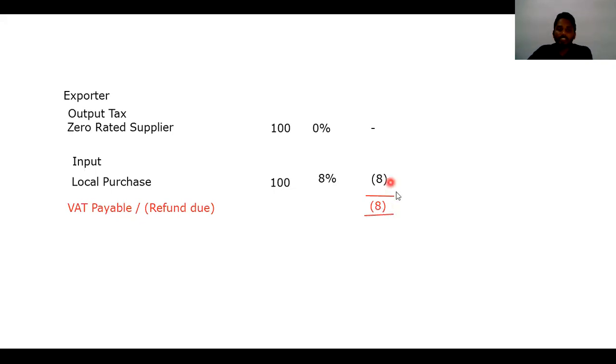How does the SVAT system work to avoid the refund situation? This is before the SVAT system. Soon after they introduced SVAT, exporters purchase under SVAT terms.